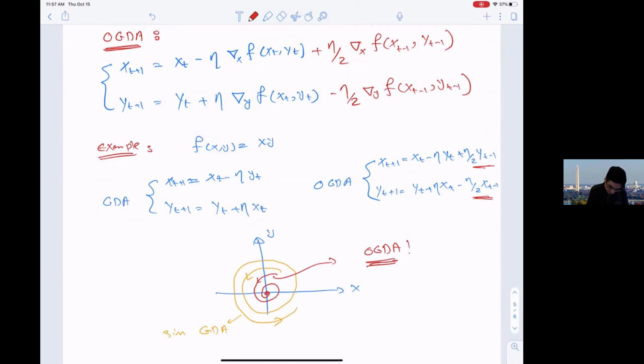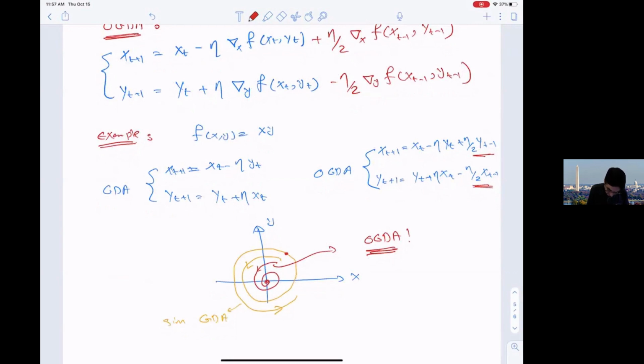And why is that? You can actually look at the analysis of the updates for each iteration. The reason that we are diverging in GDA is that my gradient is somehow pushing me away from my global saddle point, and after each update I get worse and worse. But in optimistic gradient descent ascent, I'm using some of my past gradient, so that past gradient is pulling me towards the origin.